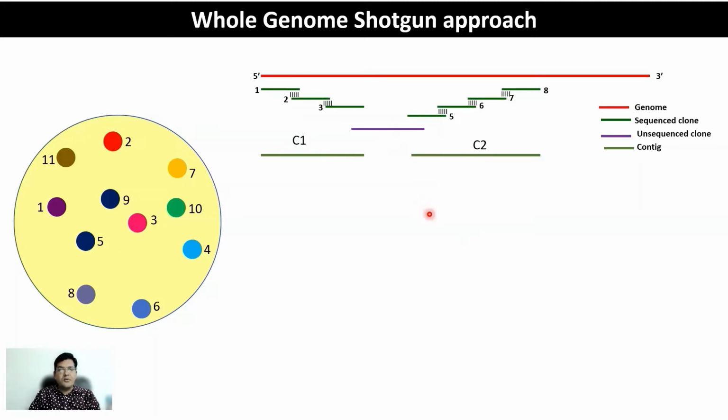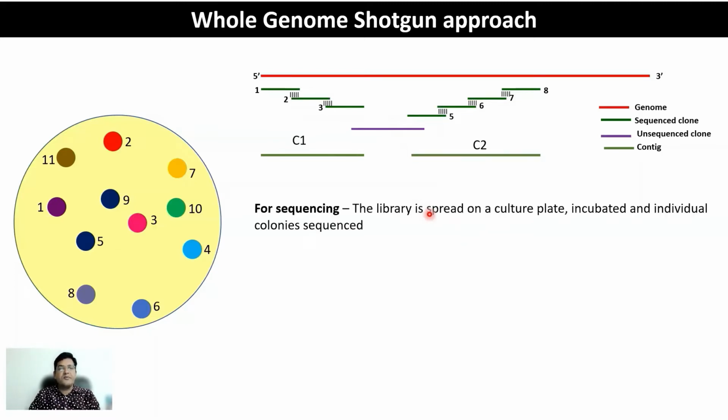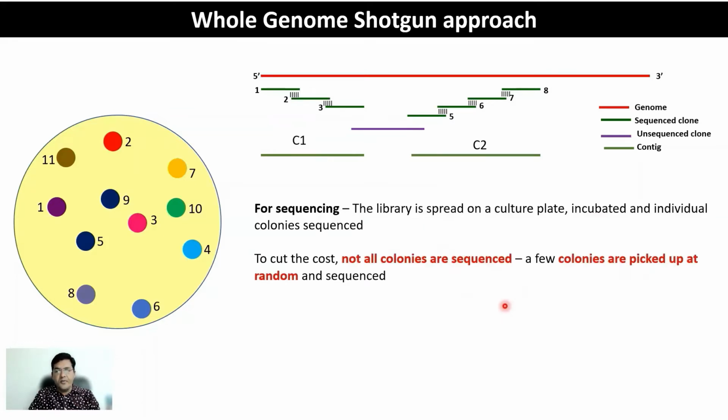So here are your steps in sequencing. First, of course, the library is spread on a culture plate, incubated, and individual colonies are sequenced. A few colonies are picked up at random and sequenced. These sequences are then compared with respect to their ends, and you compare the 3' end of one fragment with the 5' end of all other fragments to check which two fragments have unique overlaps and allow you to order them together.